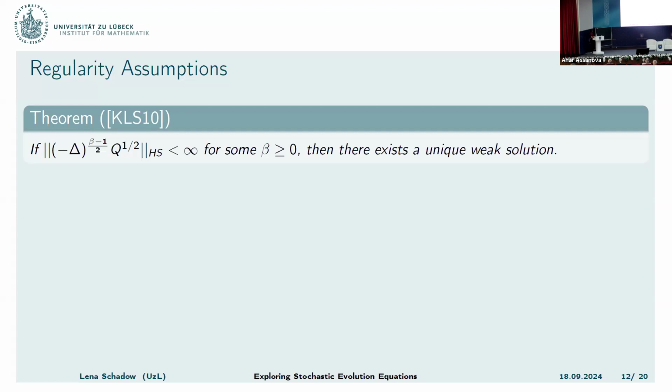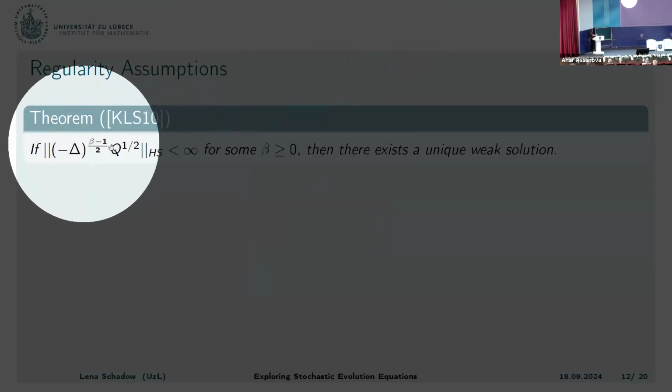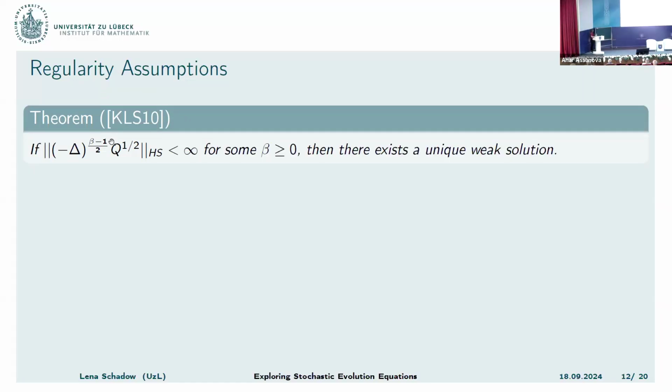They introduced such a kind of hybrid condition here. And they said it depends crucially on the noise whether there exists a weak solution, which in this case is also a mild solution.